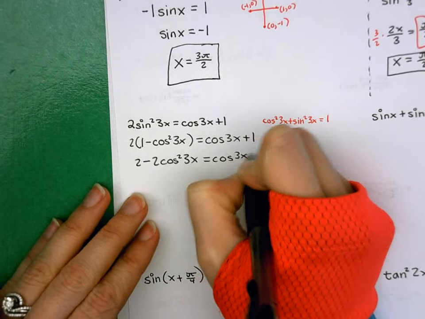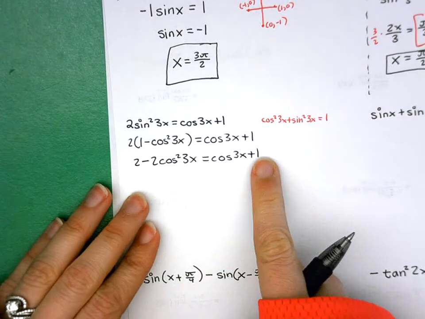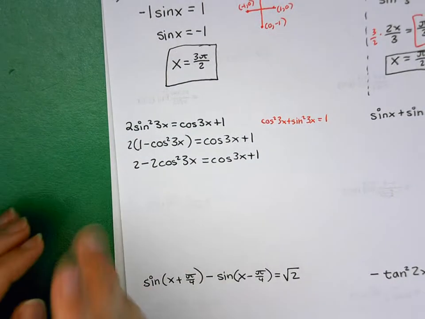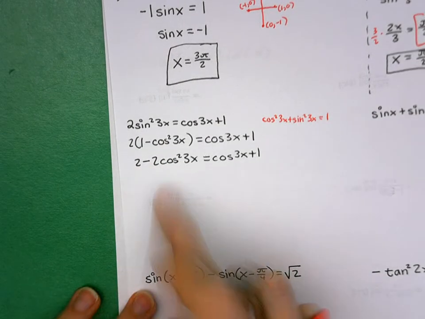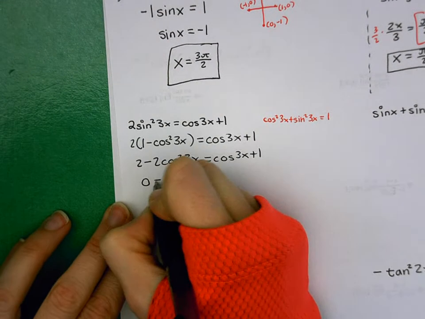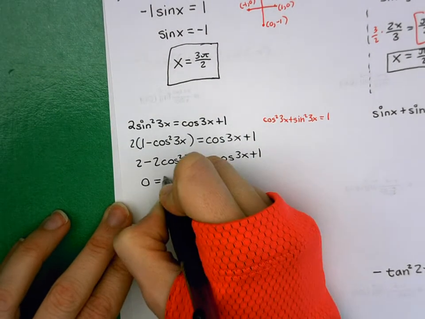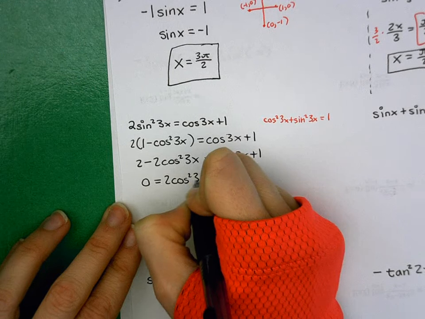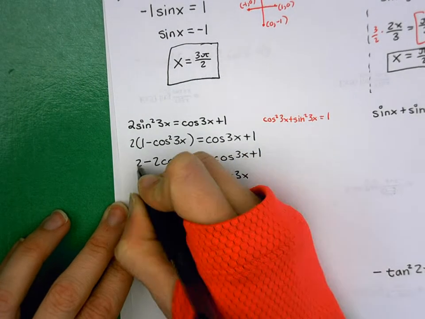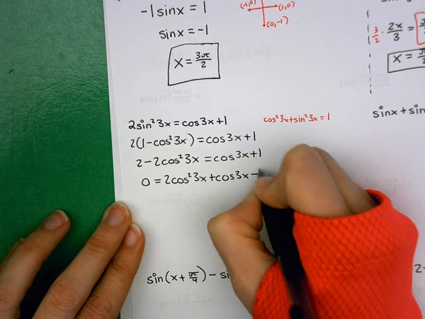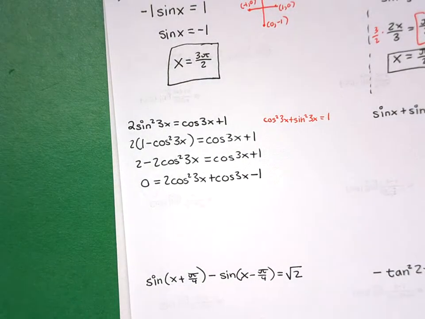And then you could subtract the cosine 3x and the 1 to the front, but I'm actually going to move everything on the left side over to the right because I want my cosine squared to be positive. I always like how that looks a little bit better. So adding the 2 cosine squared over, we still have our positive cosine 3x here, and subtracting the 2, 1 minus 2 is -1. And so we're going to be factoring this one.